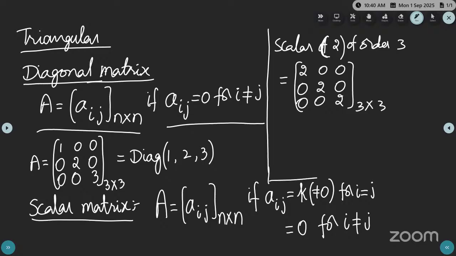It is of order 3 by 3 and the principal diagonal elements are purely a non-zero scalar. Okay, next.